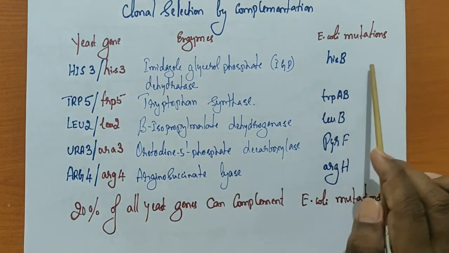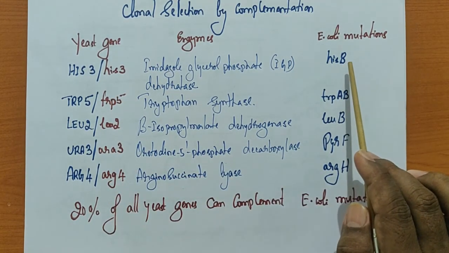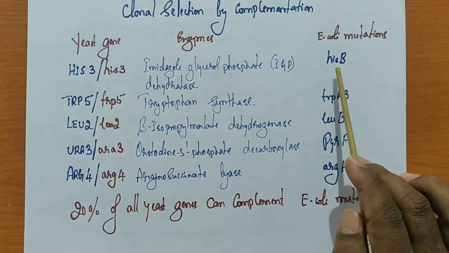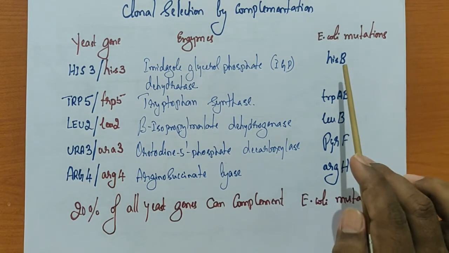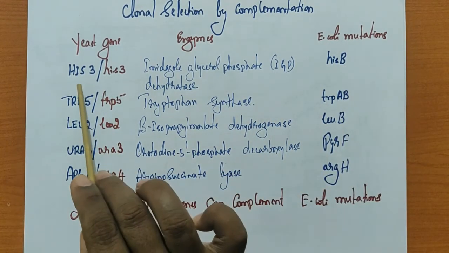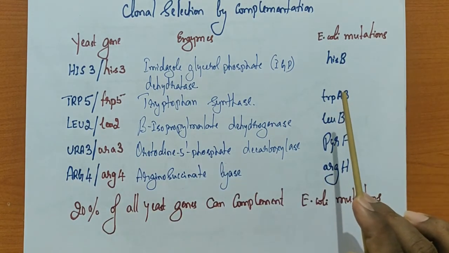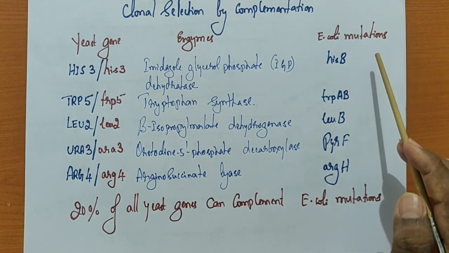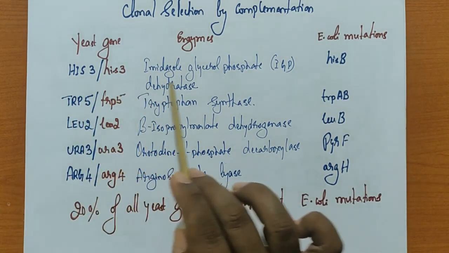Suppose there is a mutation in histidine B, it has to be replaced with a good histidine B gene. If not, this particular function can be complemented with the yeast gene. That's exactly what I mean, that 20% of the yeast genes can complement an E. coli mutant. Now this is with respect to histidine metabolism.